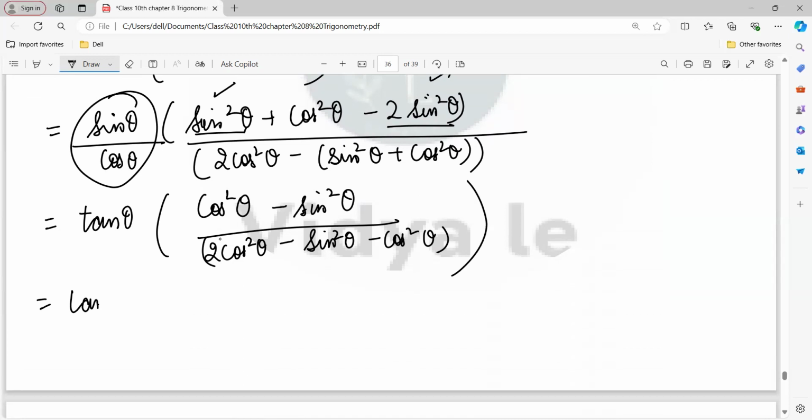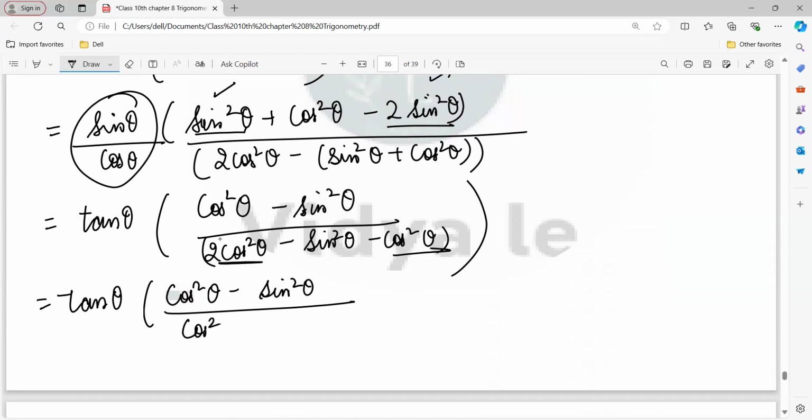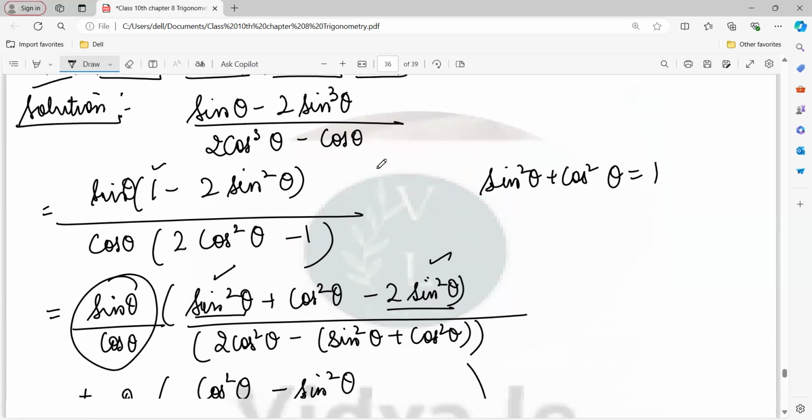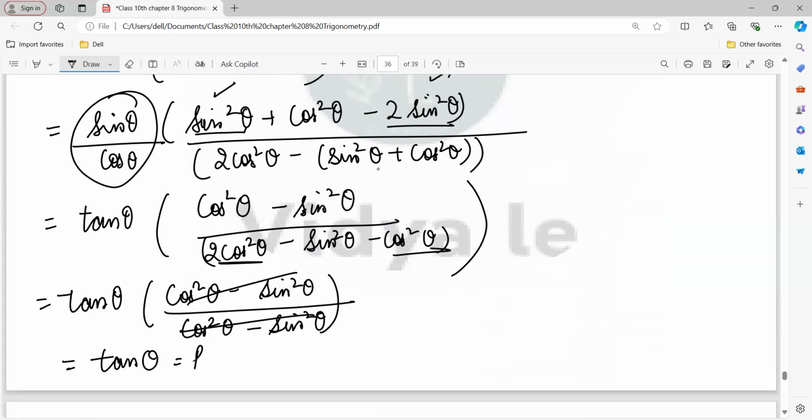So we got tan theta into cos square theta minus sine square theta. And in the denominator, 2 cos square theta minus cos square theta is cos square theta minus sine square theta. Same terms will cancel out each other. So we are left with only tan theta, which is equal to the right hand side. Hence proved.